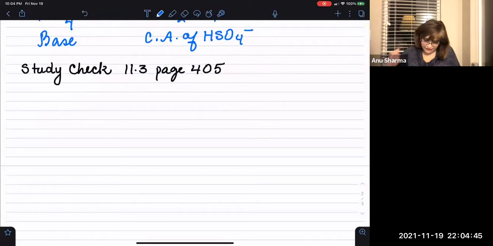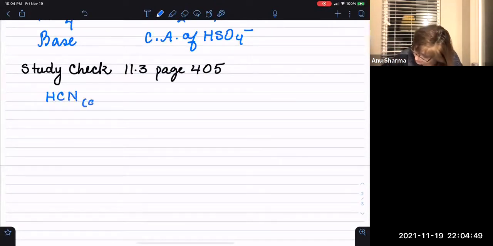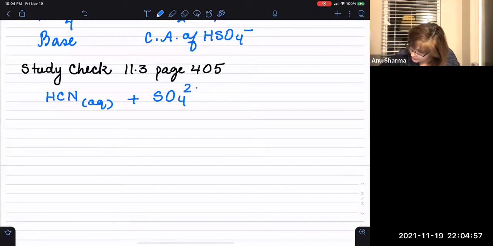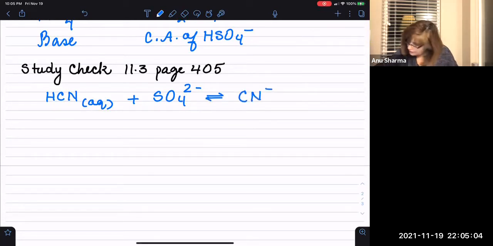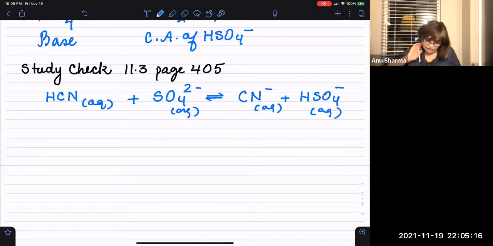Here we see HCN aqueous plus sulfate ion, SO4, 2 negatives, aqueous, at equilibrium with CN minus, aqueous, and HSO4, 1 negative, aqueous. Okay, so now the question is to identify the conjugate acid base pairs.